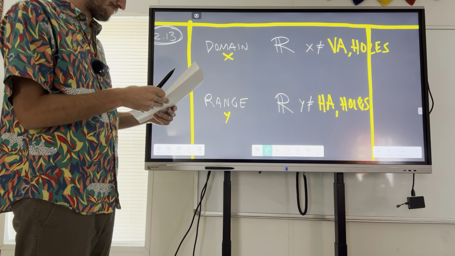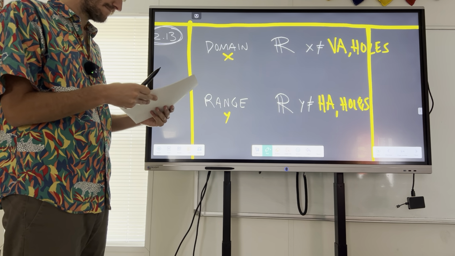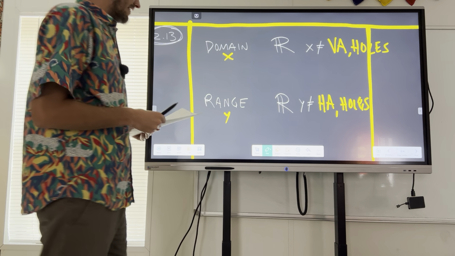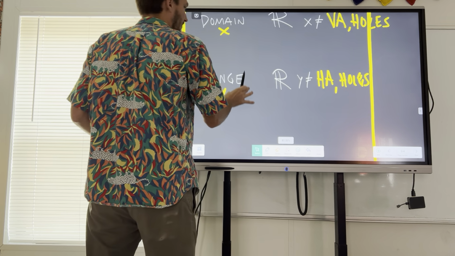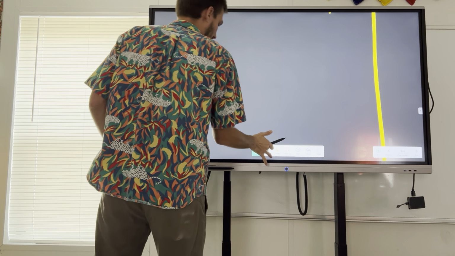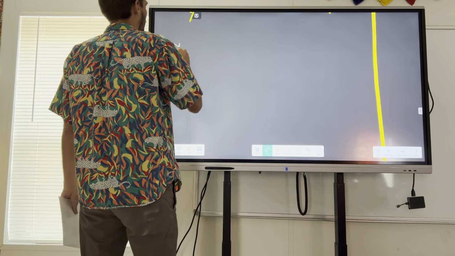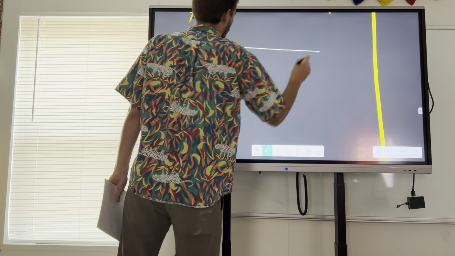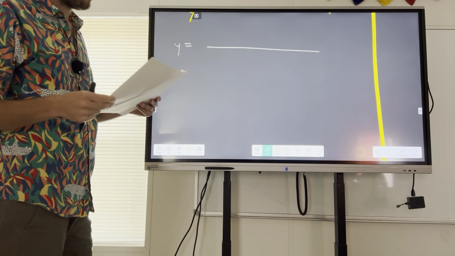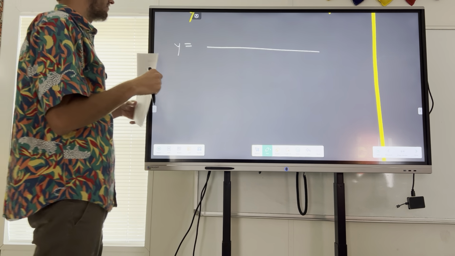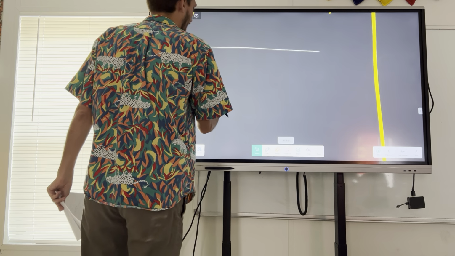Okay. Talked about all of these things. Let's crush into a problem here. Y equals fraction. Let's do that one that we had earlier.